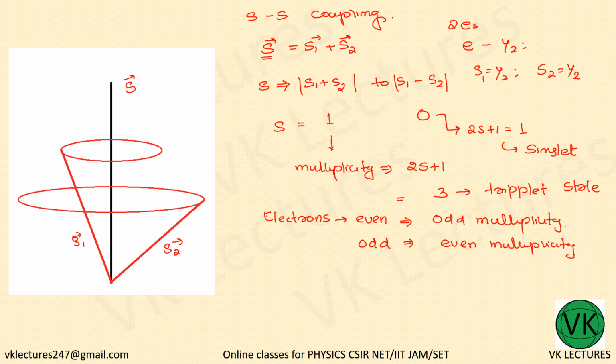Since here we have two electrons, which is even, it produces odd multiplicity, that is singlet and triplet. If there were 3 electrons, 2S plus 1 would come to an even multiplicity.